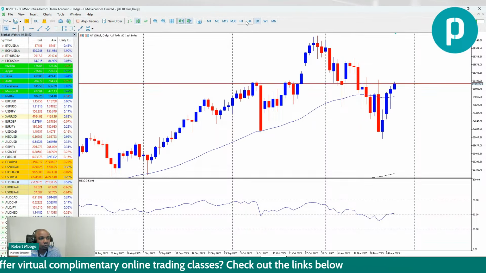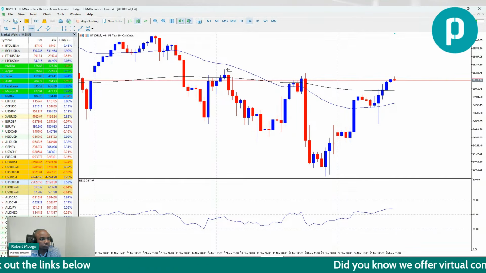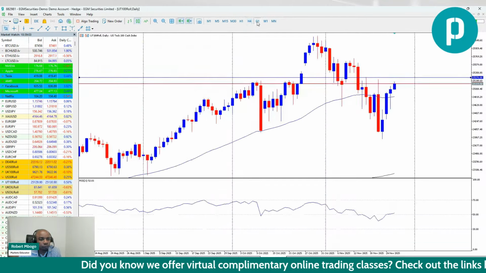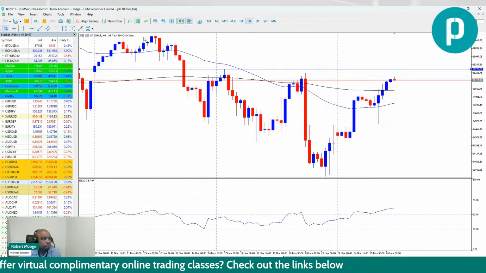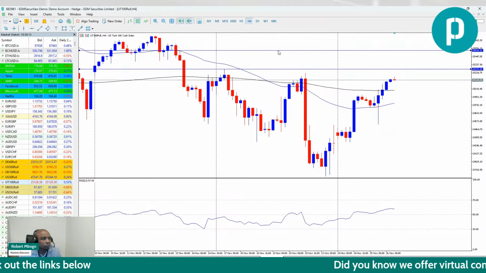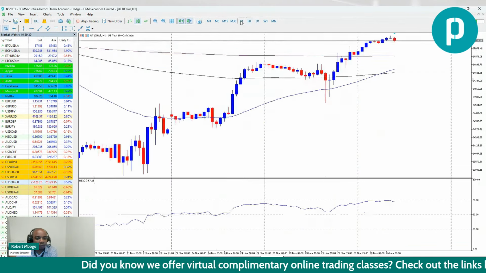So let's go to last week's high. That's a possible area where Nasdaq will be coming to. And then maybe there's also this one, that one. That's a possible area where Nasdaq could also come to.